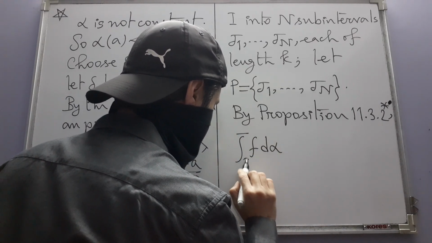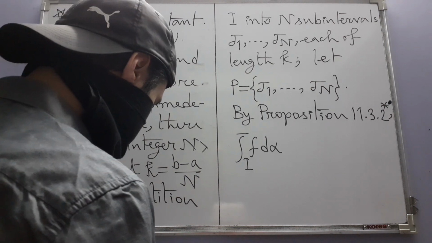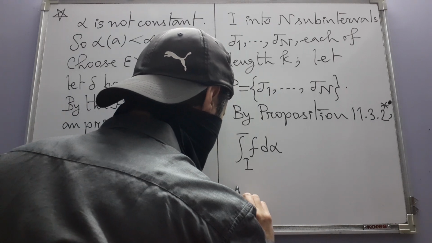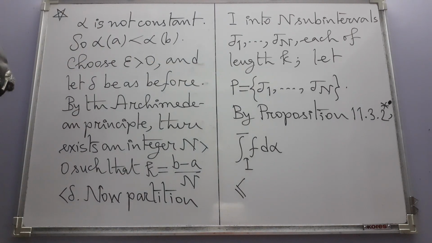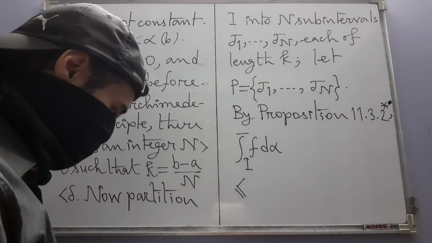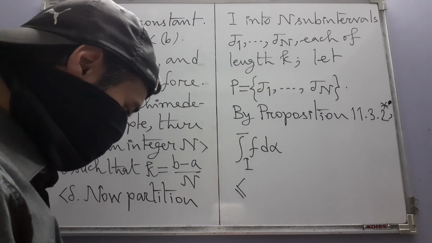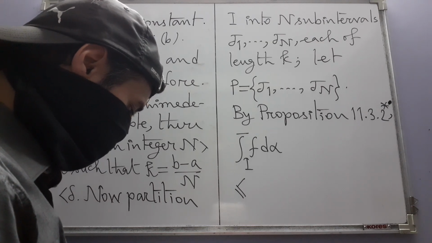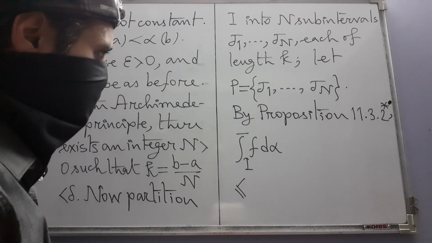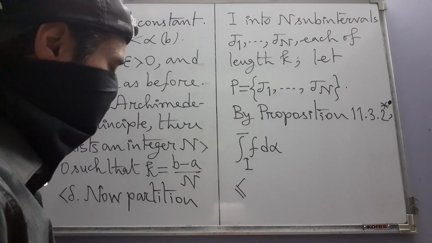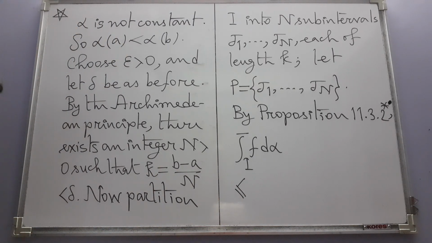The upper Riemann-Stieltjes integral of f with respect to alpha over I is less than or equal to, am I correct in writing that? Let me first write it and then I will justify.